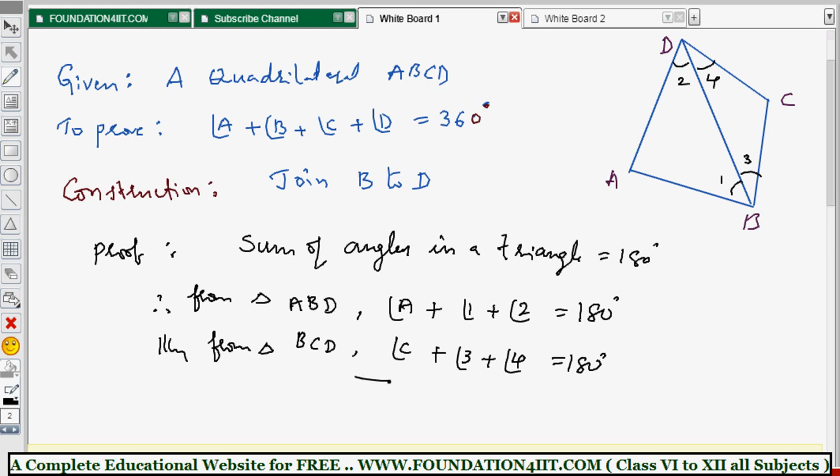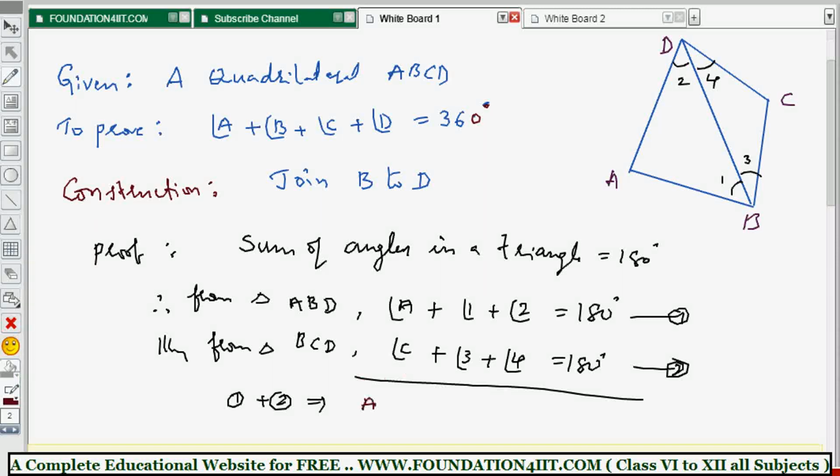When you add both equations, let the first be equation 1 and the second equation 2. LHS and RHS we need to add separately. Angle A plus angle C plus angle 1 plus angle 3 and angle 2 plus angle 4 is equal to 180 plus 180, which is 360 degrees.